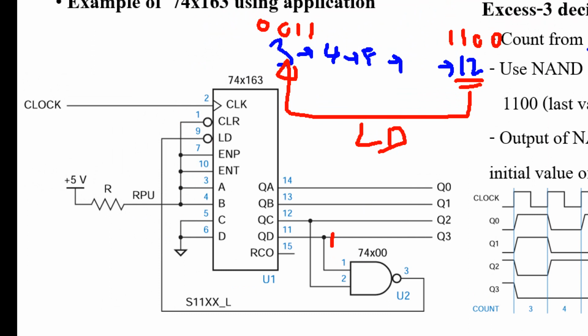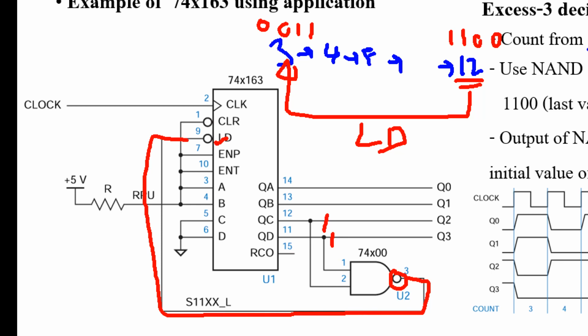So it checks 1 1 at here, right? For the state of 12. And I want to use load, and because load is active low, I add an inverter at the output to make it active low.